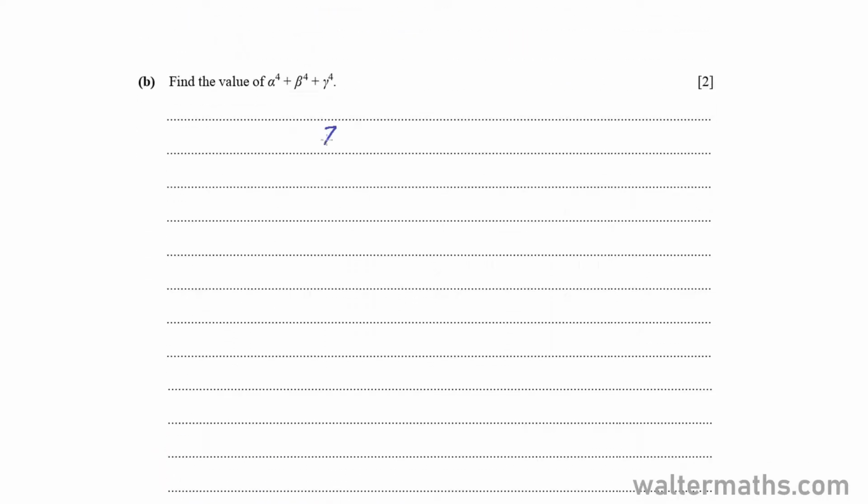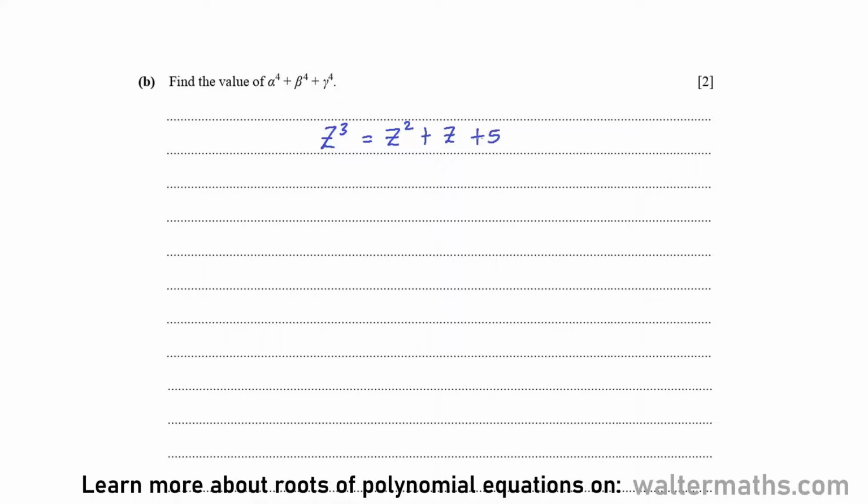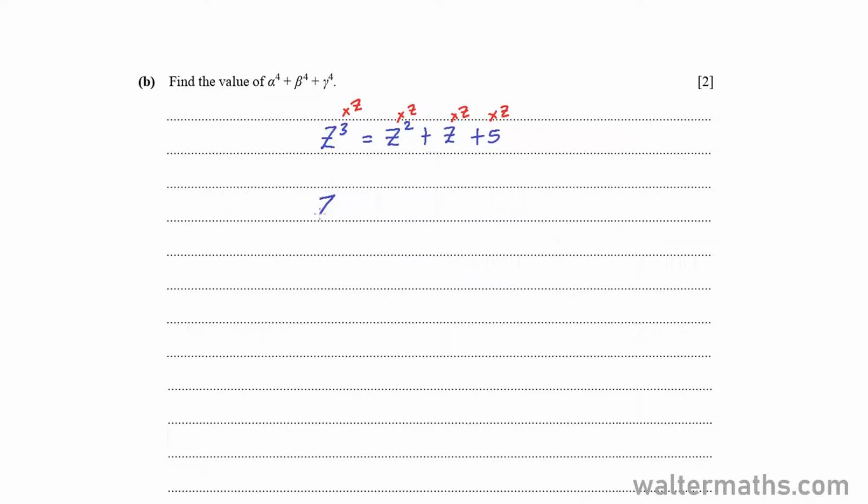We had z cubed being equal to z squared plus z plus 5. And what I'm going to do right here is multiply all the terms by z, so by z for each one. That means we'll have z to the power 4 being equal to z to the power 3 plus z squared plus 5z.